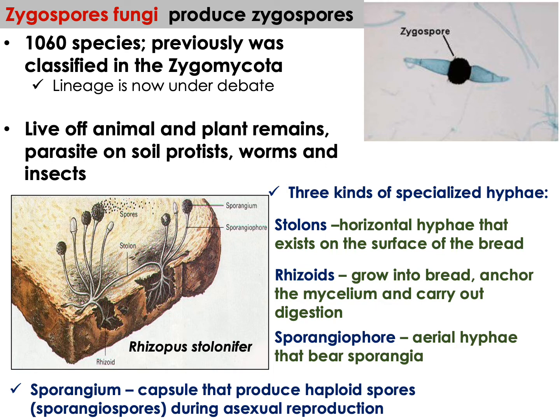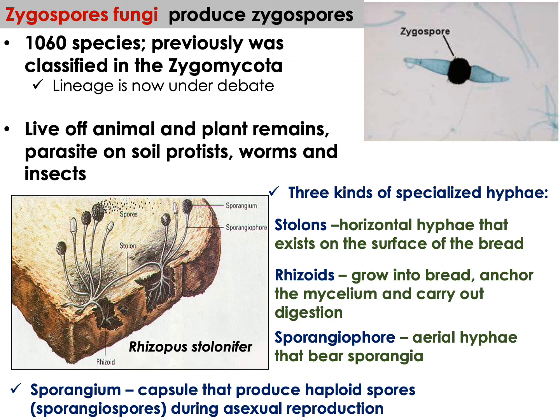So there are three kinds of specialized hyphae. They have the stolon, which is this part here, the horizontal hyphae that exist on the surface of the bread. And then they have the rhizoid at the bottom, in the bread. They grow into the bread, which anchors the mycelium and carries out digestion. And then they have the sporangiophore, which is this part here, the aerial hyphae that bear the sporangia.